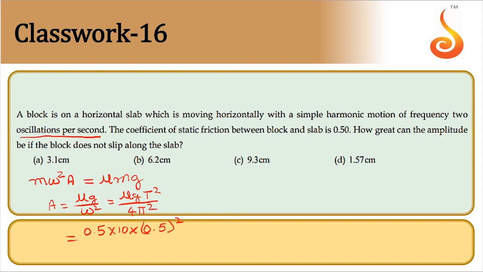Square divided by 4 into pi square. Roughly I will take pi square as 10. So this 10 gets cancelled. So 0.5 square is 0.25, so you can write it as half into 1 by 4, which is 1 by 8, then 1 by 4, so 1 by 32 meter. That is 100 by 32 centimeter. So it should be 3.1 centimeter.